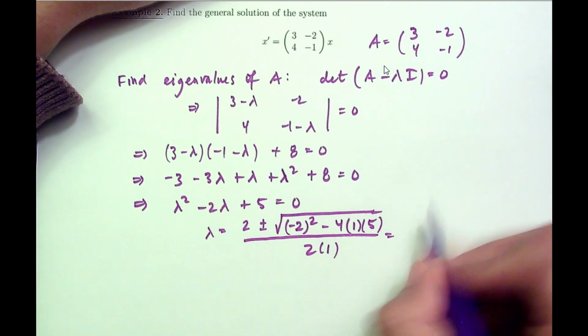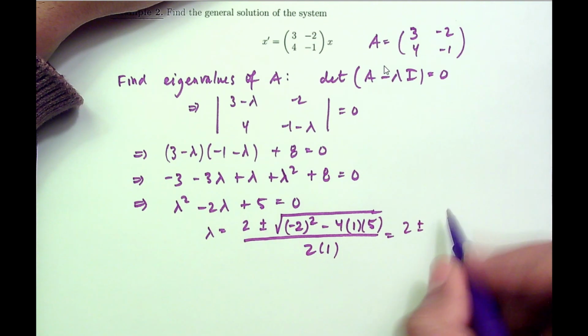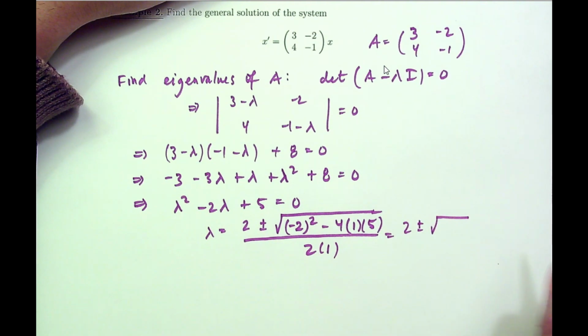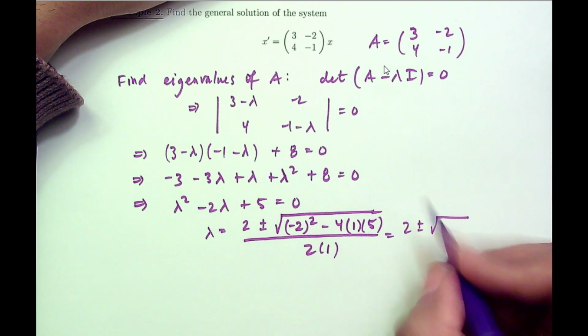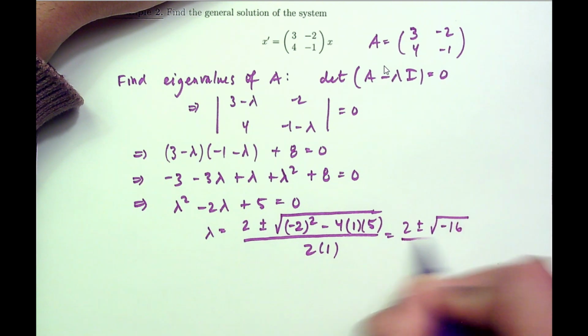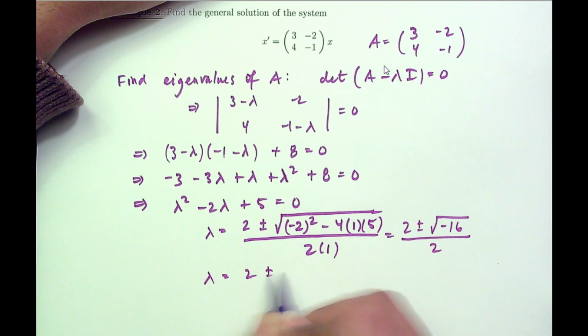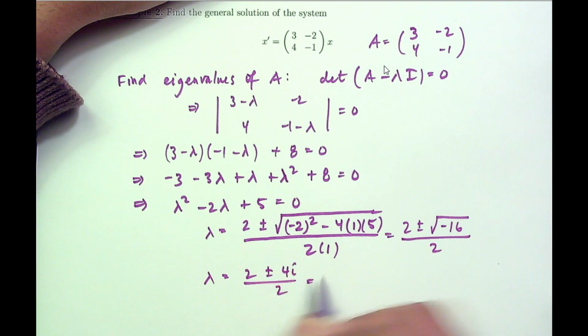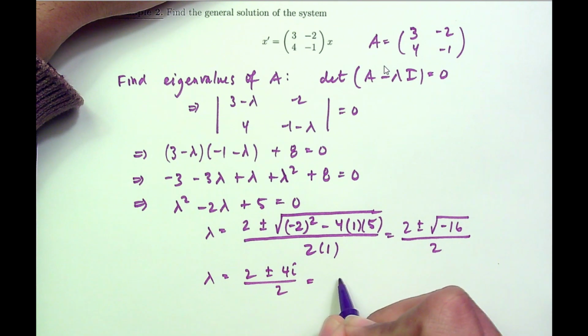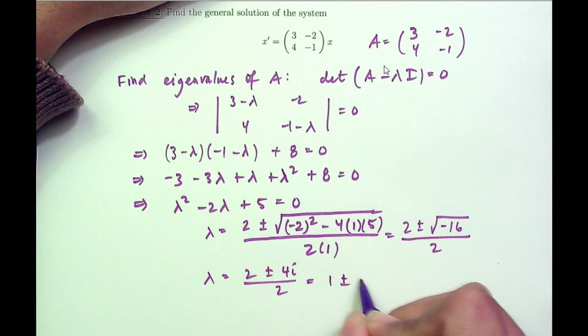So this is 2 plus or minus the square root of 4 minus 20, that's negative 16, over 2. So this is 2 plus or minus 4i over 2, and that simplifies to 1 plus or minus 2i.